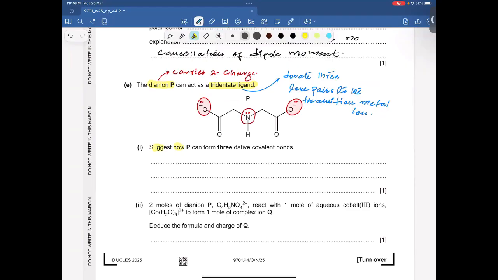Suggest how P can form 3 dative covalent bonds or dative bonds or coordinate covalent bonds.